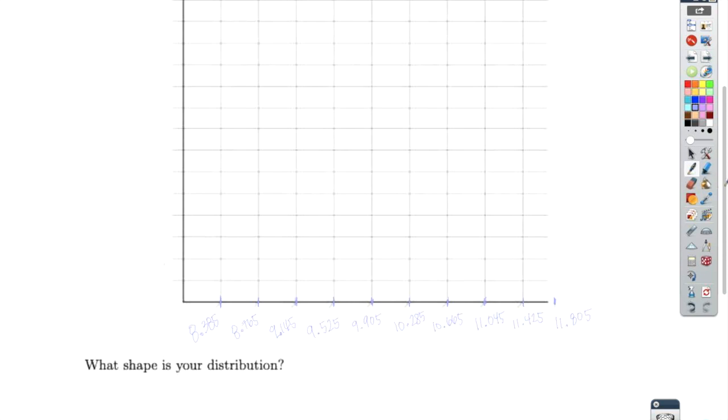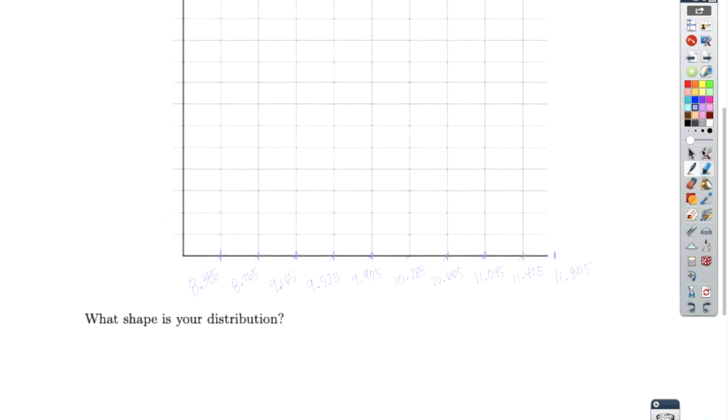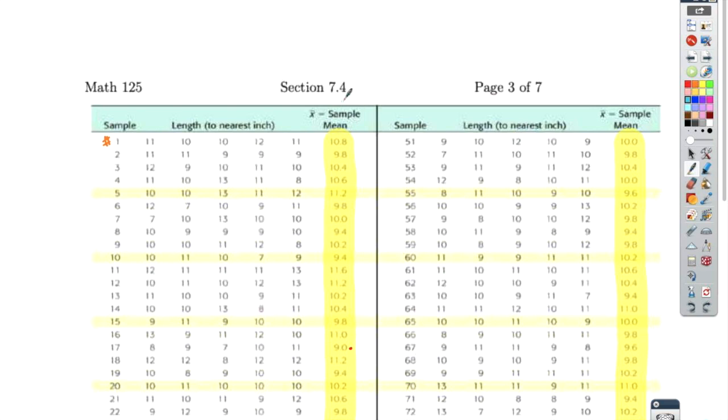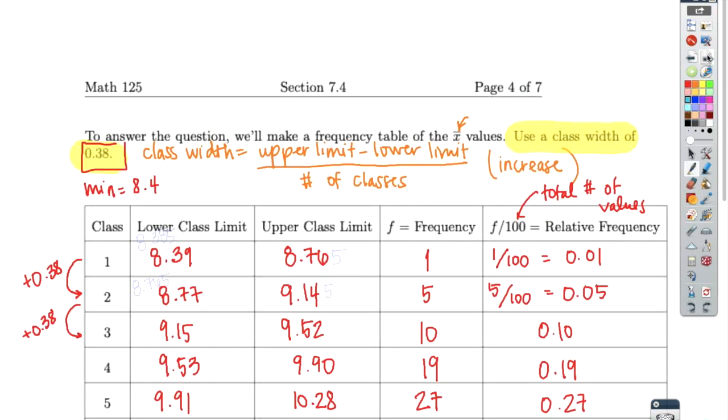Now, we always want to label our axes. So actually, before I go any further, let me label this. Remember, these values that we're talking about are the average length of fish in a fishing pond. So let me put that on this table.